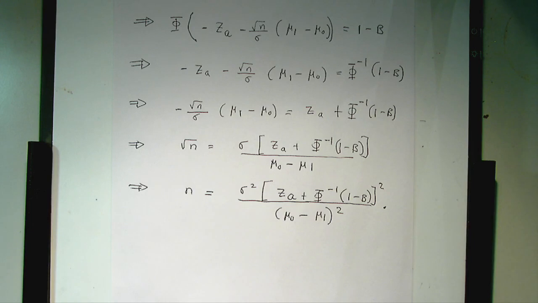Any rejection rule that is obtained using the NP lemma is the most powerful test. So to answer this question, you just need to go back to part B, right? This is part B, yeah? And check if the rejection rule that you got over here can be obtained using the NP lemma.